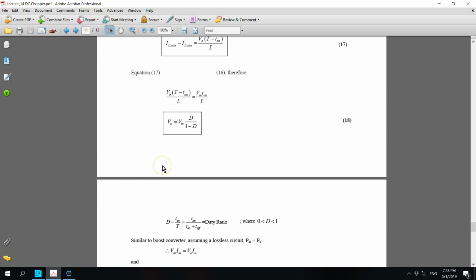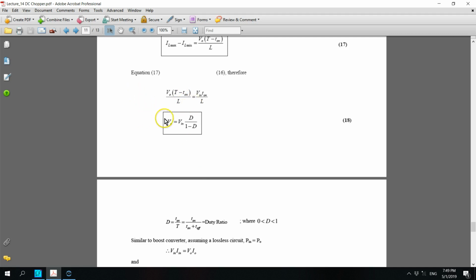If you look carefully, the value of D is from 0 to 1. If D is from 0 to 0.5, the output voltage will be lower than Vin, and if D is between 0.5 and 1, the output voltage will be higher than Vin.